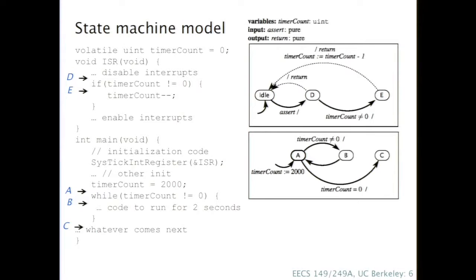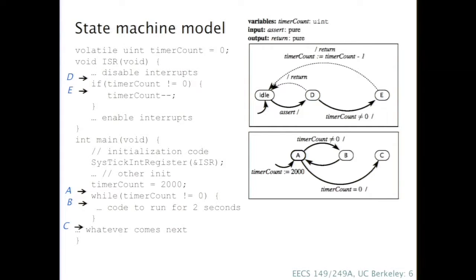For the main program, nothing interesting happens until we get to A, so we'll just call that the initial state. It's an extended state machine where we have a timer count variable that we initialize to value 2,000 as we enter the initial state. Then do we go to B?